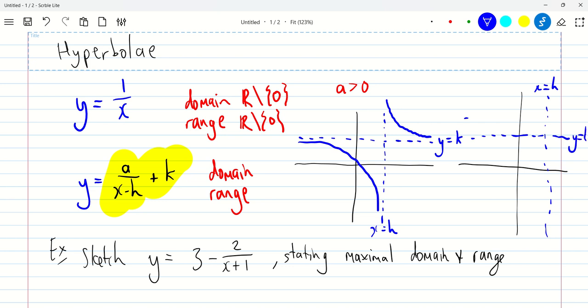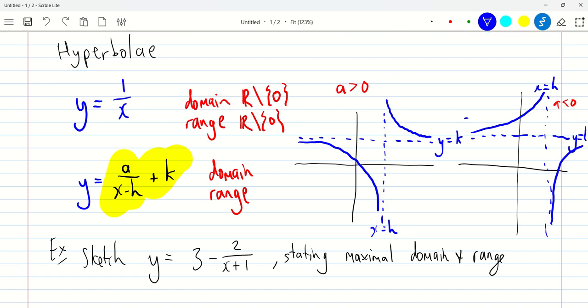What then if a is negative? Then the graph actually swaps the curve. So it comes up here instead, and it's on this side over here instead. So it flips around, because a less than 0 does a reflection in the y-axis and the x-axis. Okay, so that's what the graph looks like.